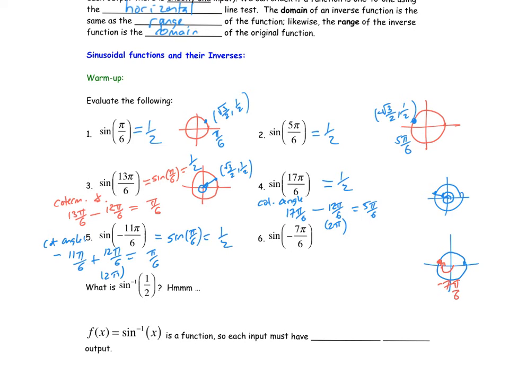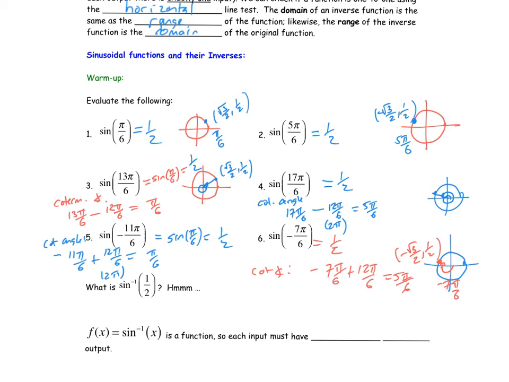It leads me to the same point on the unit circle as I had in numbers 2 and 4. So sine of negative 7 pi over 6 is 1/2. You could also do this as a coterminal angle where you add a full rotation. So negative 7 pi over 6 plus 12 pi over 6 would be 5 pi over 6, which is the same thing as number 2.